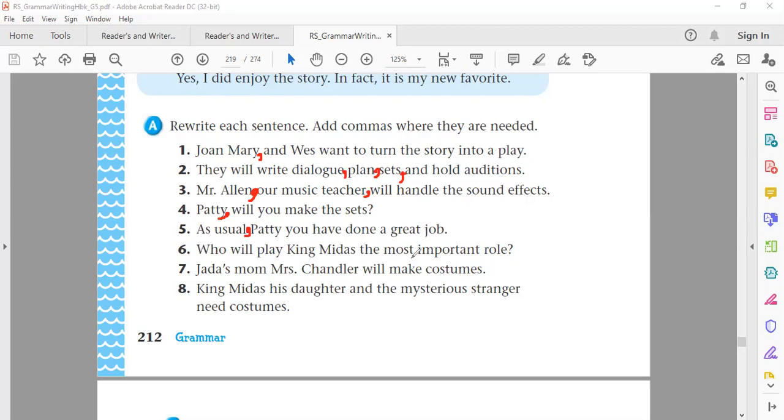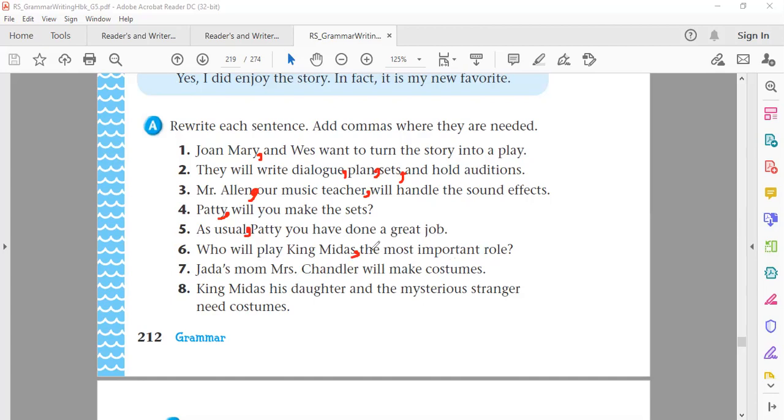Who will play King Midas, the most important role? A comma is in here. What's up? Are you sleepy or what? Who will play King Midas? The most important role. This is how you do it. You put it here because this is a separation between two sentences, one independent and one dependent.